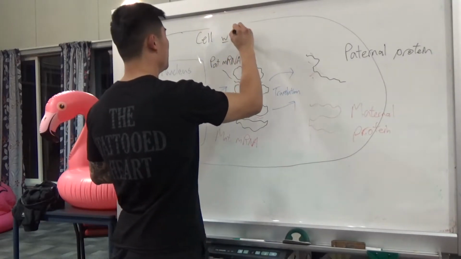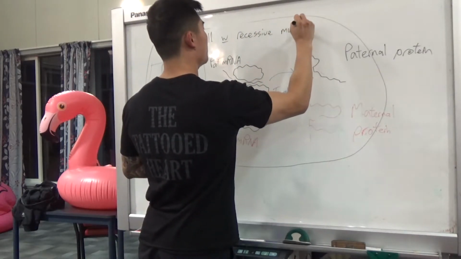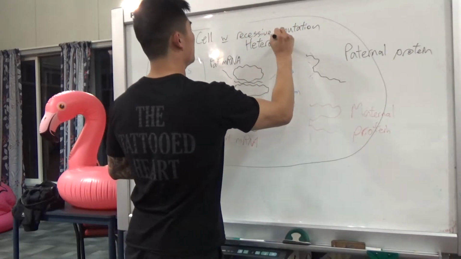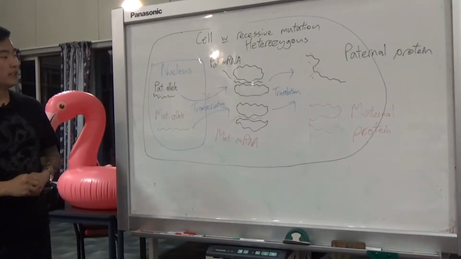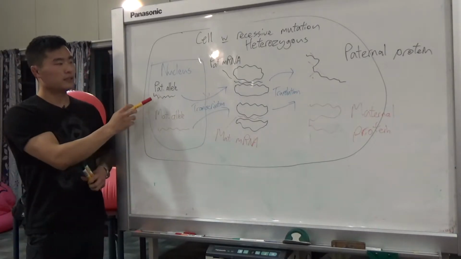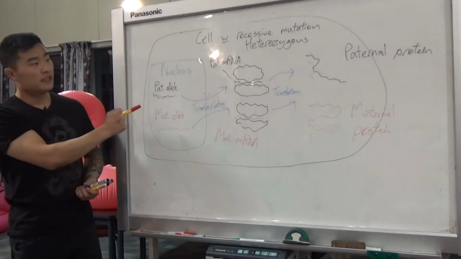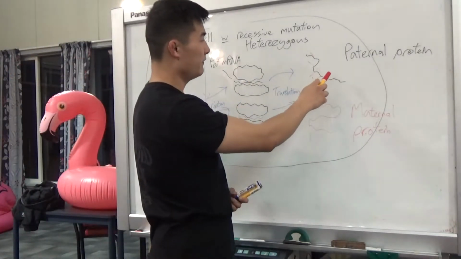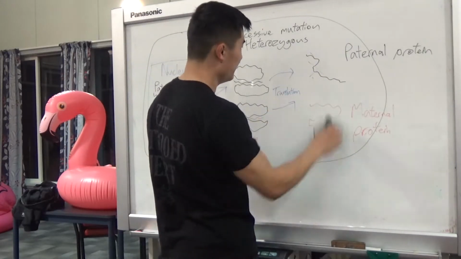So a cell with a recessive mutation. In this case, it's heterozygous. Okay. So it's heterozygous, so let's say only the paternal allele is mutated. And so then let's say the paternal protein is non-functional and it gets degraded.